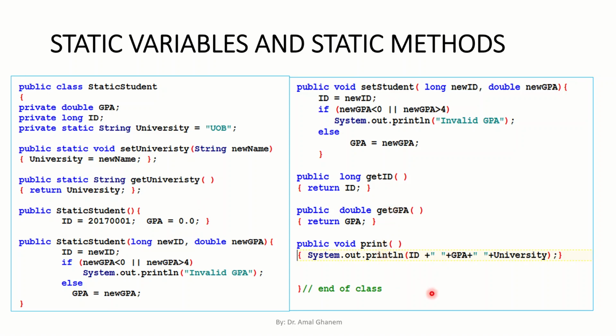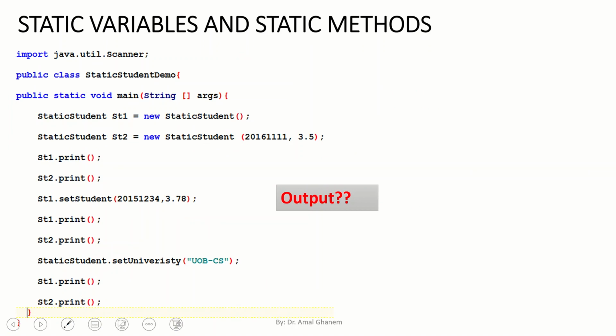Now let's go to the main method and try to find the output. So we have another class, a static student demo, public static void main, and then we will start by creating an object.